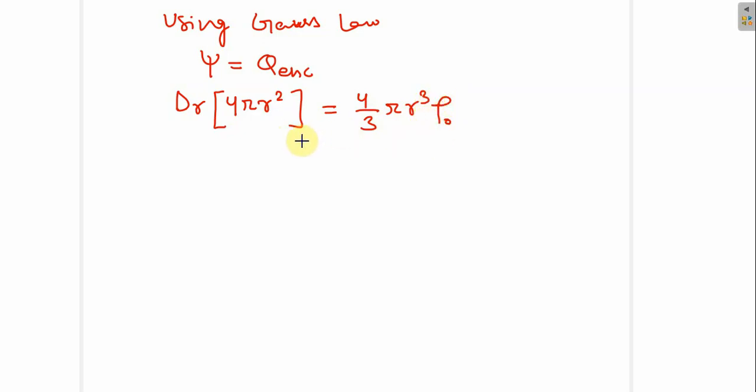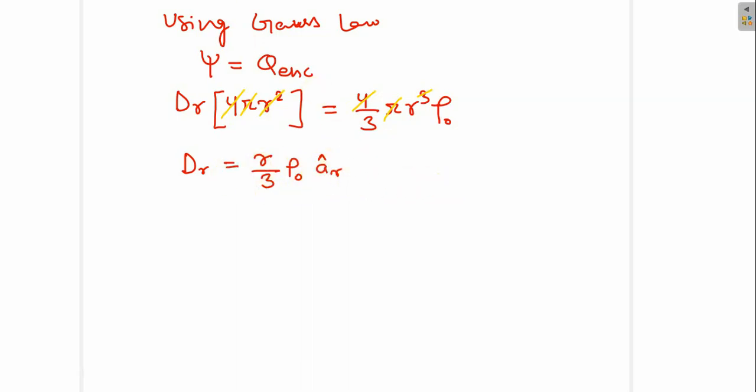Okay, so now if we solve it, this D, the electric flux density, equals how much? Some terms will be cancelled out. This 4 will get cancelled, this pi can be cancelled, the two powers of r will be cancelled. So Dr equals, we are left with r upon 3 rho 0, and the direction will be along this r, so ar.